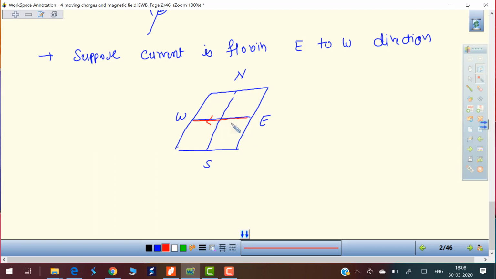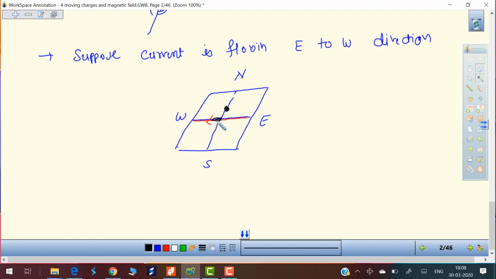Now suppose I ask, what is the direction of the magnetic field at a point toward the north? What is to be done? You put your right hand thumb, you imagine, toward the west side. So I use the thumb like this.